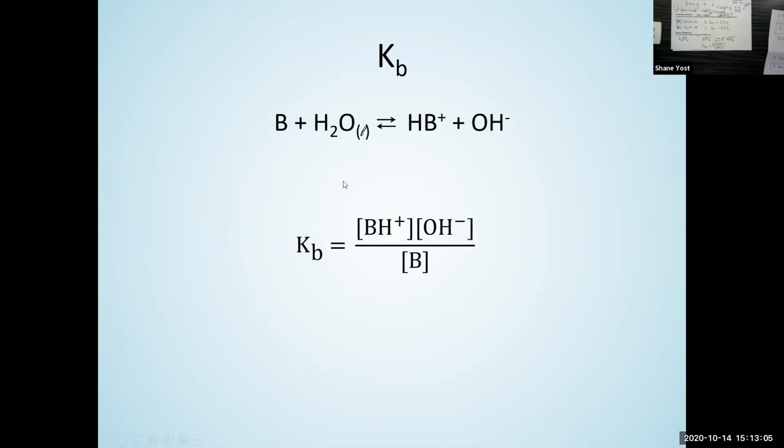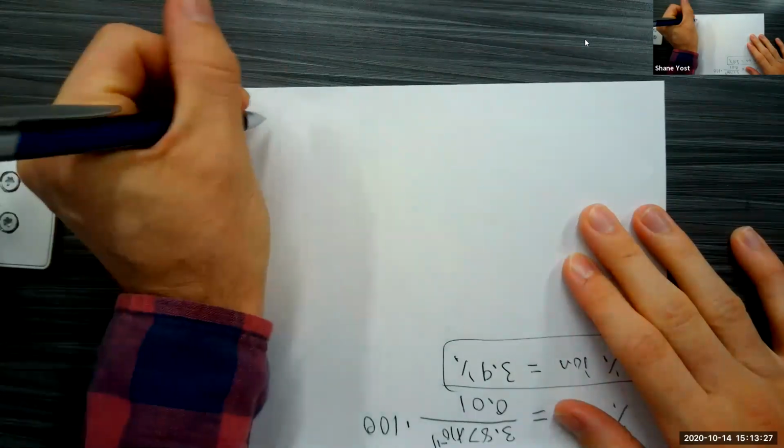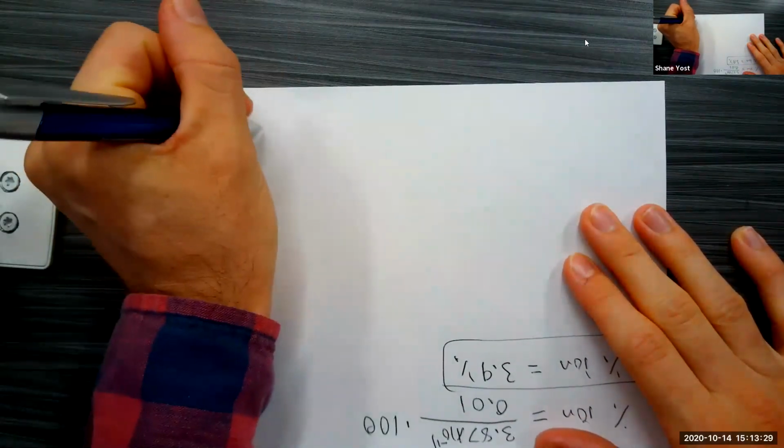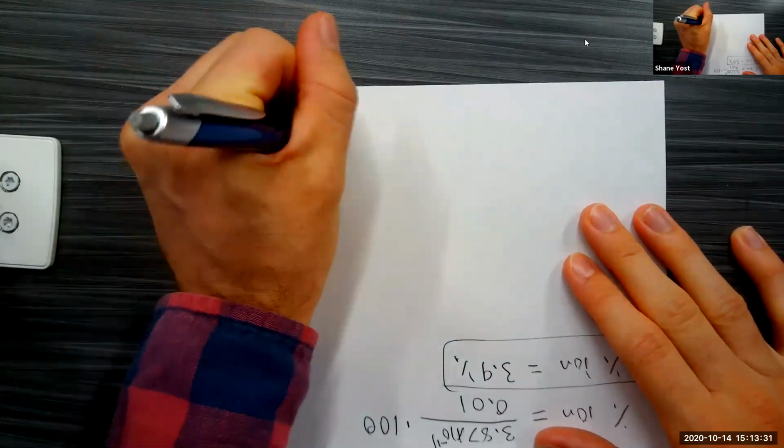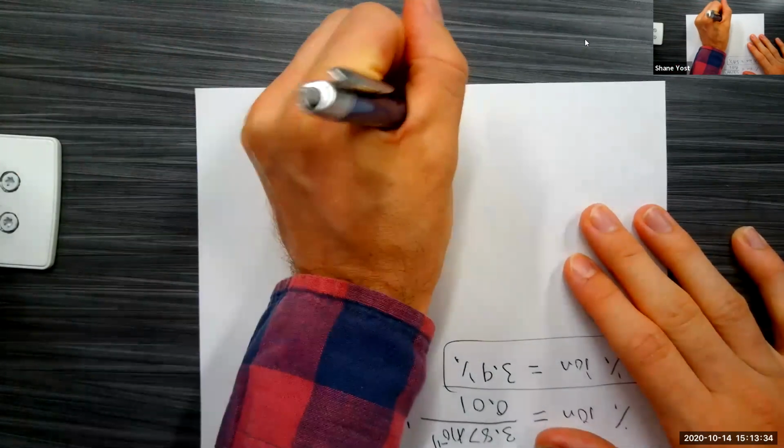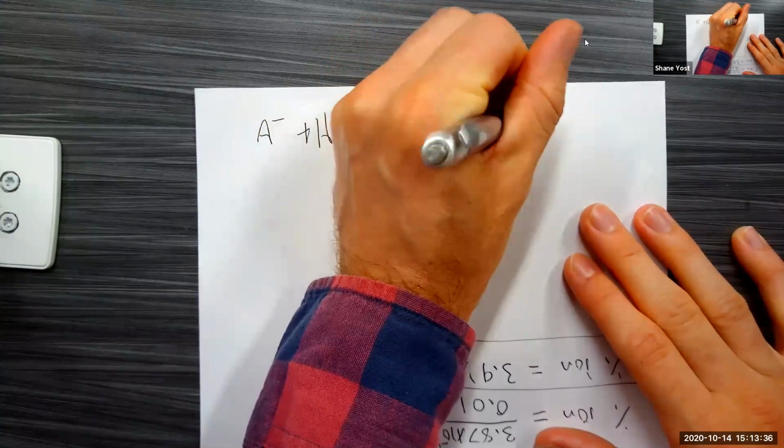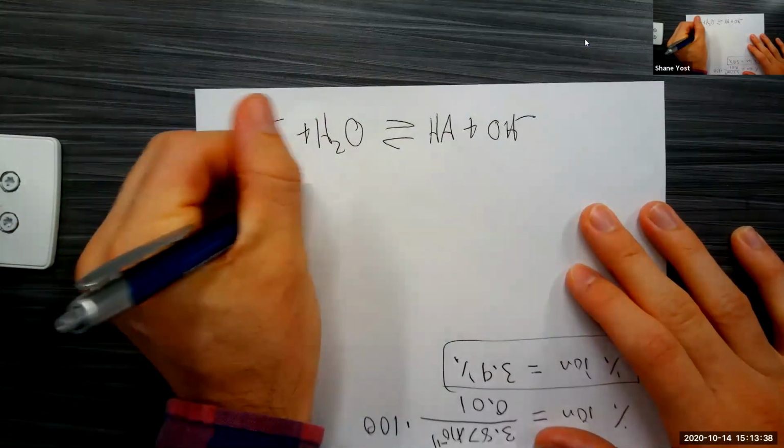Now, the equilibrium could be something like this, where you have some base plus water forming some conjugate acid plus OH minus, okay? Other potential examples, right? So often you'll also see me writing this base dissociation reaction for some weak base as, say, A minus plus H2O, forming HA plus OH minus, which again then has an equilibrium constant.